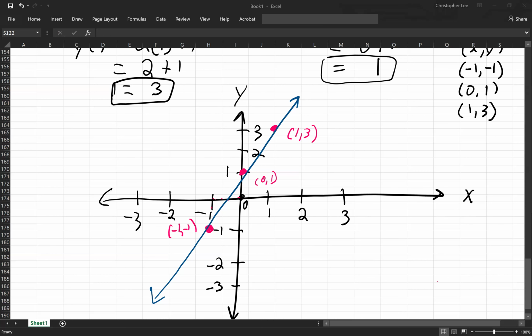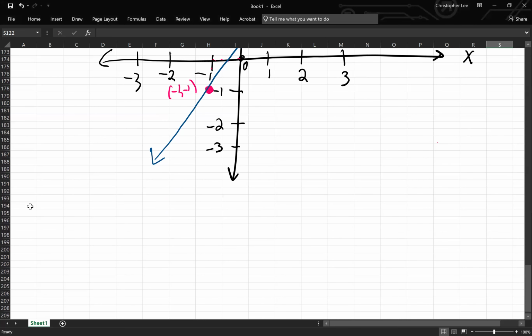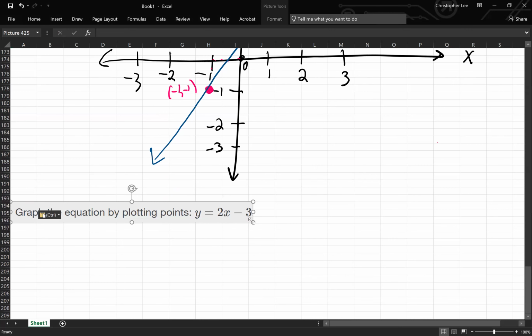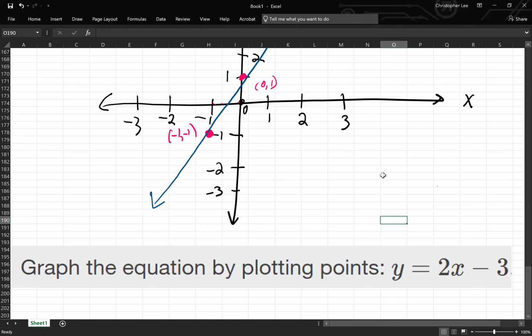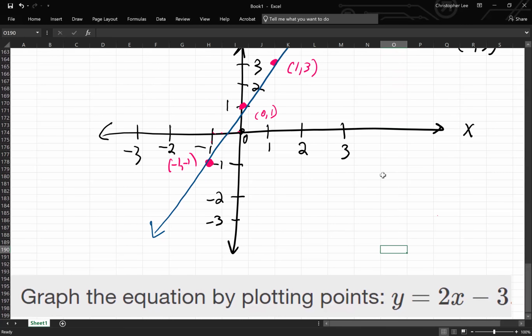Okay, would you guys like to try one? So the end result is I'm looking for a graph like this, right?